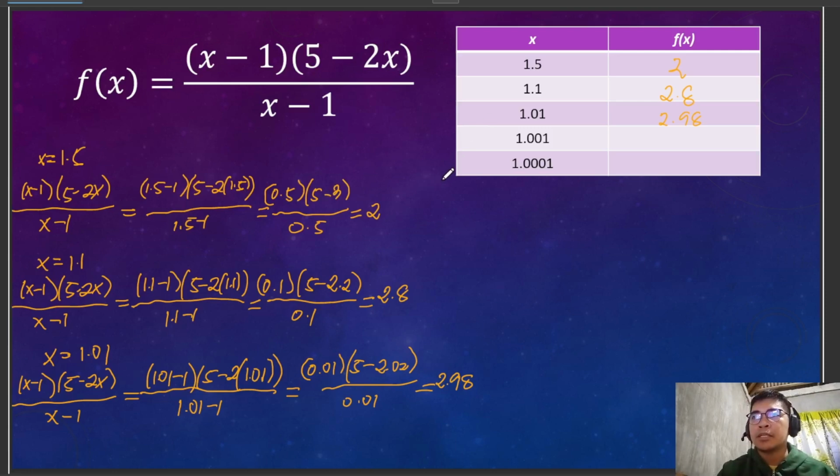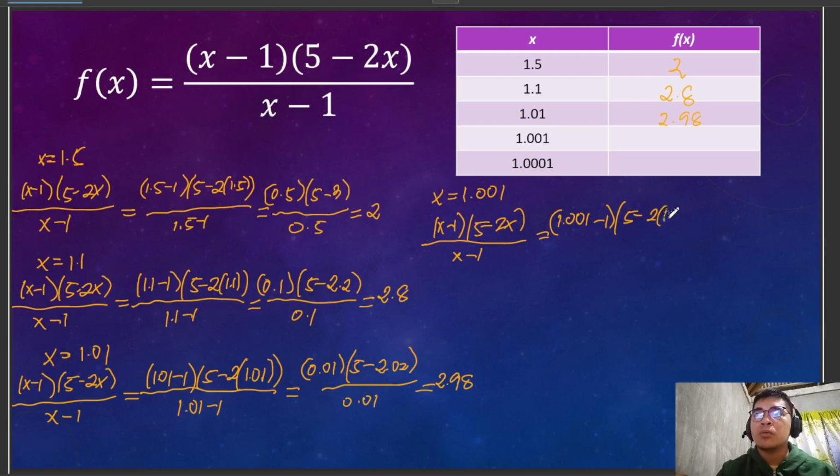Next, our x now is x equal to 1.001. Then x minus 1 times 5 minus 2x over x minus 1. Substitute: the value of x is 1.001 minus 1, and then 5 minus 2 times 1.001, all over 1.001 minus 1. So 1.001 minus 1 is 0.001.